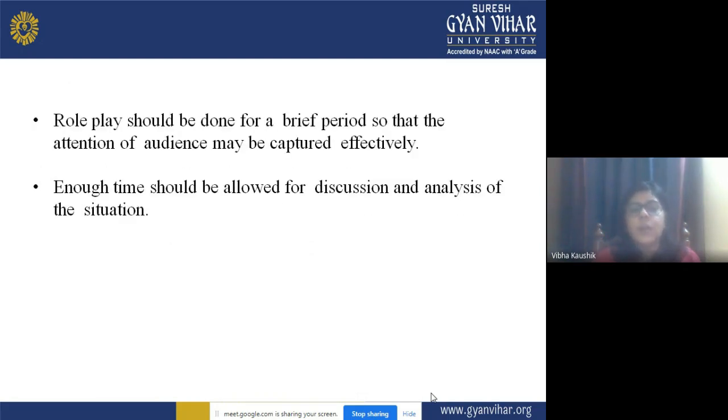Role play should be done for a brief period. When you are doing a role play, it should be done for a shorter duration so that the attention of the audience may be captured effectively. Why do we say that the role play should be for a brief period? Because only then will we be able to capture the attention of the audience, and the attention of students is captured effectively only when the role play duration is short.